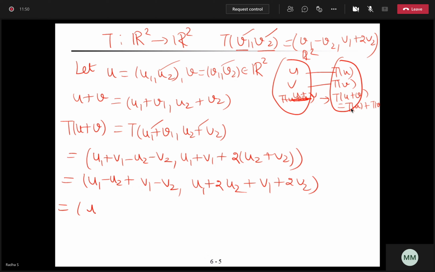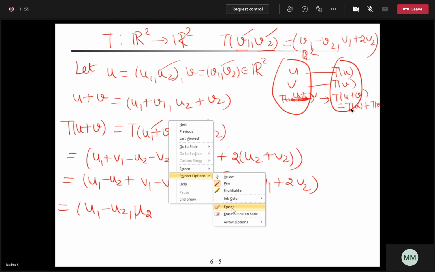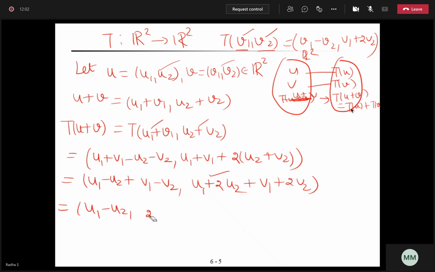I am writing this as (u1 minus u2, u1 plus 2u2) plus (v1 minus v2, v1 plus 2v2).